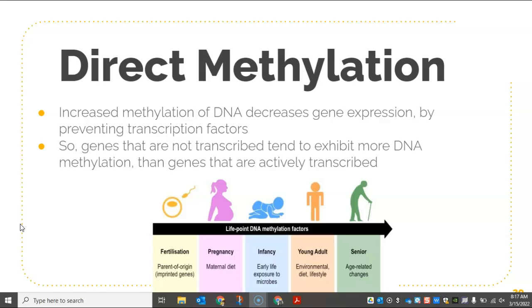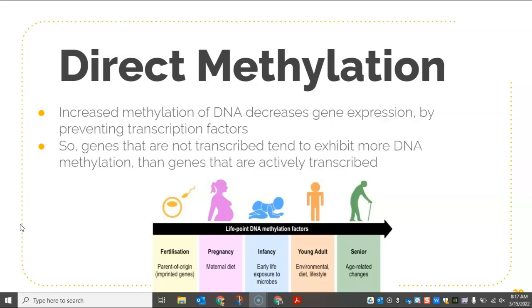So there are some methylation factors that impact whether the DNA is going to be methylated or not. So like if a woman is pregnant, the diet that they are eating throughout their pregnancy will determine what genes are more likely to be transcribed or not, depending on what they're putting into their body.